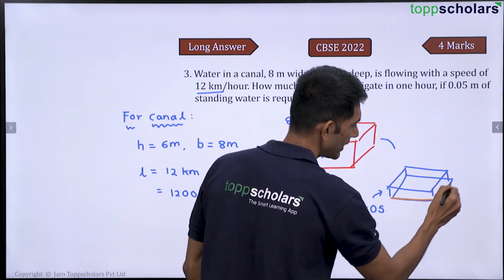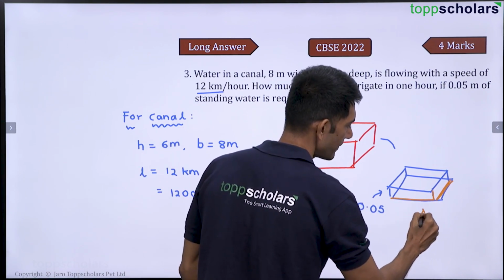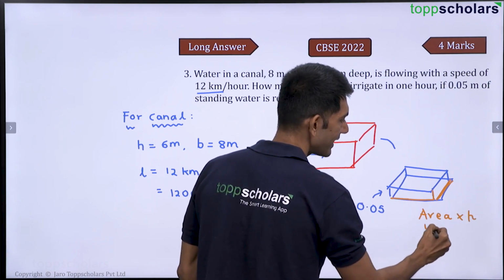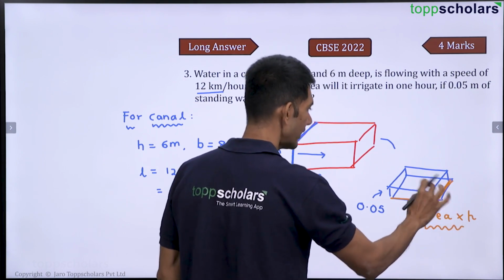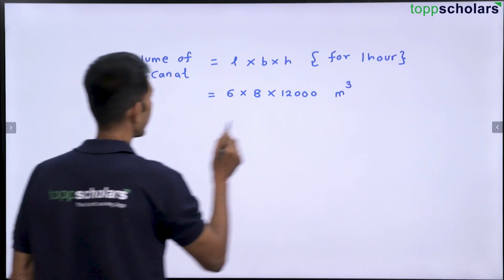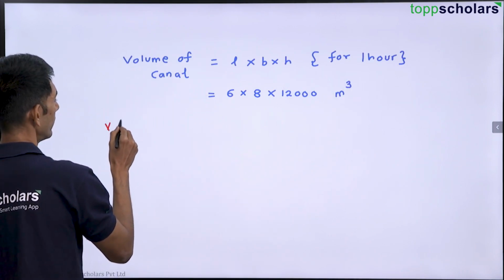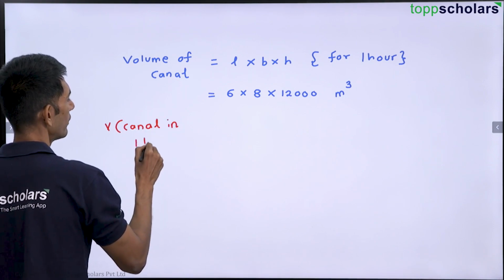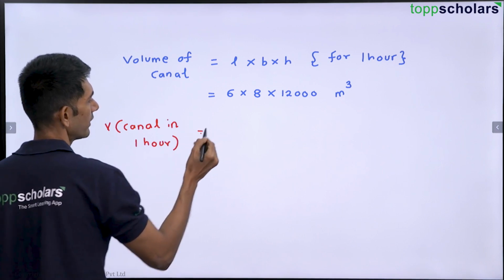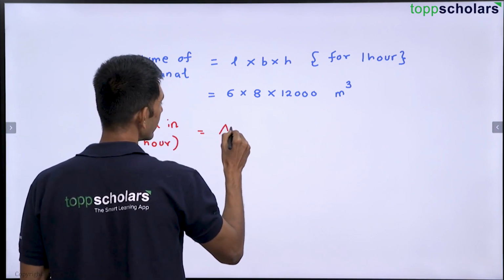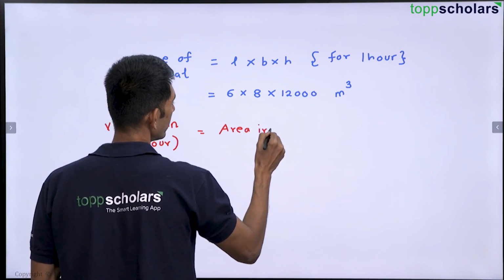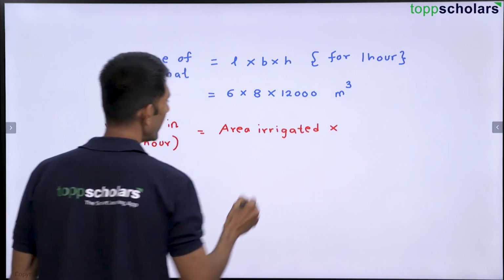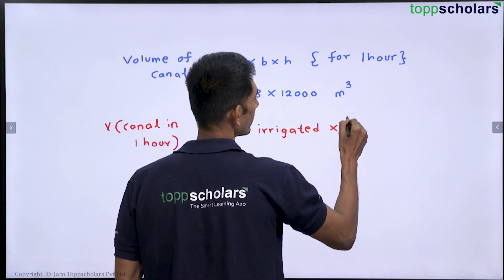Can I say length multiplied by breadth? This is the area and the height is already given. So can I say area multiplied by height over here is equal to the volume here? I can say the volume of canal in 1 hour is equal to the area irrigated multiplied by the height of the standing water.